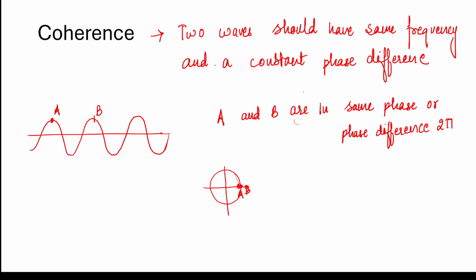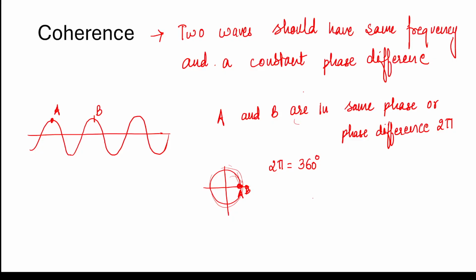So their phase difference is either 0 or 2 pi. If it had moved 2 circles, it would be 4 pi. If it had moved 3 circles, it would be 6 pi. So 2 pi means 360 degrees. Pi is in radians.